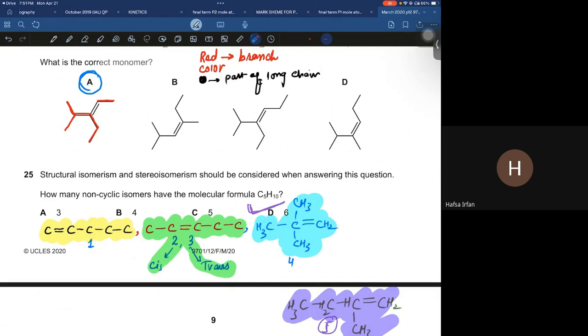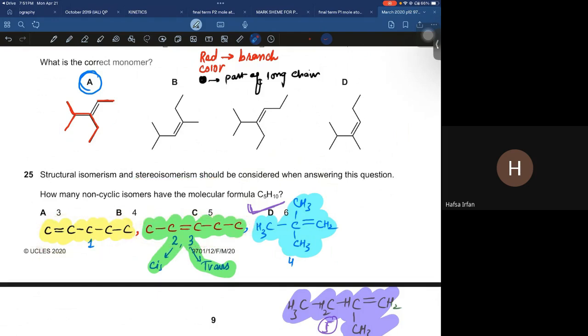A straight chain or a branched chain. You're not supposed to draw in this manner, it's a cyclic structure. So C5H10 is your alkene, it's pentene. This is the first one. I have changed the position of the double bond. They were saying you have to consider stereoisomerism in this structure.